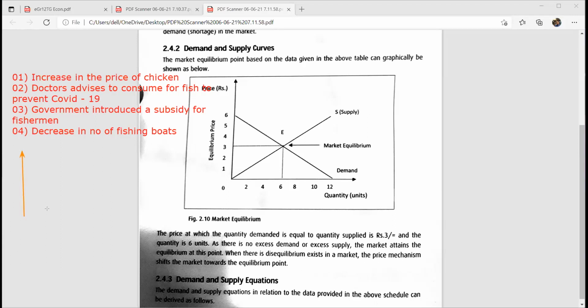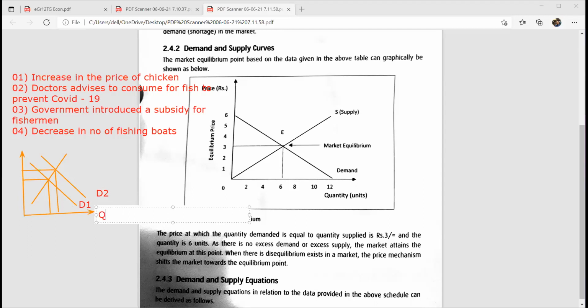When you look at the first one, it says increase in price of chicken. So chicken is a substitute for fish. If the price of chicken rises, people may demand more fish. As a result, demand for fish will rise, then the demand curve can shift from D1 to D2.